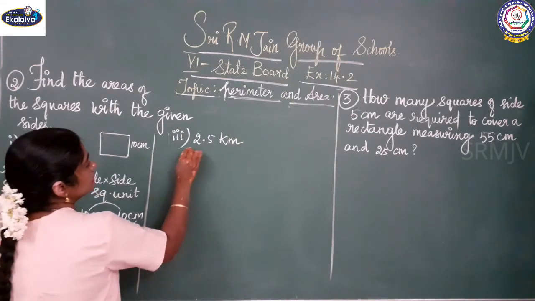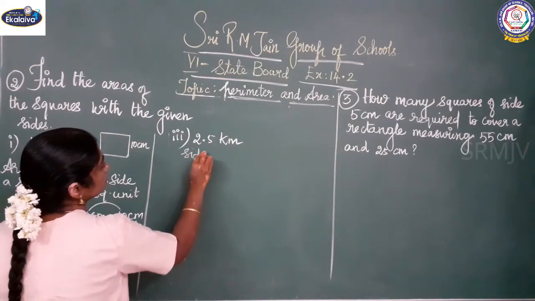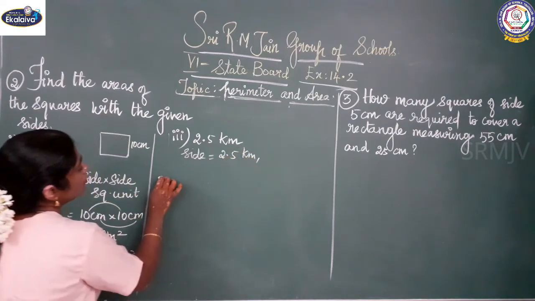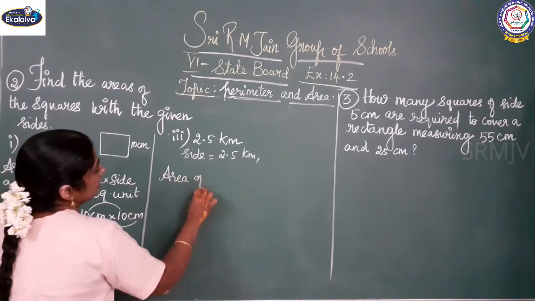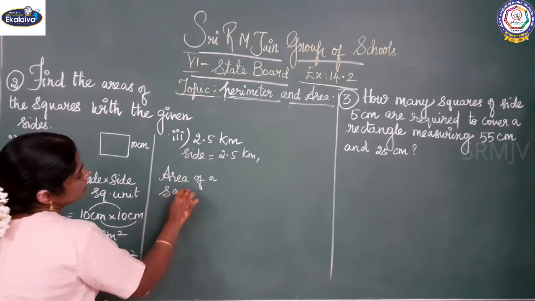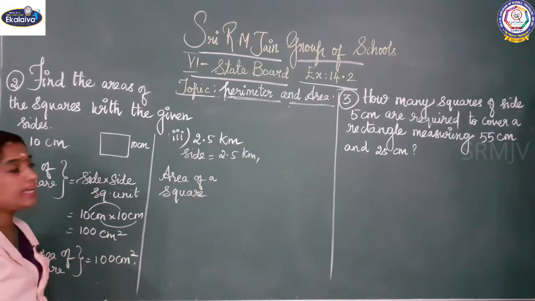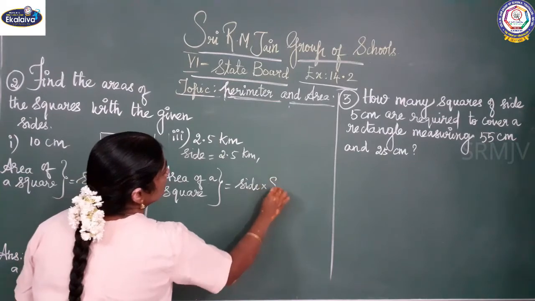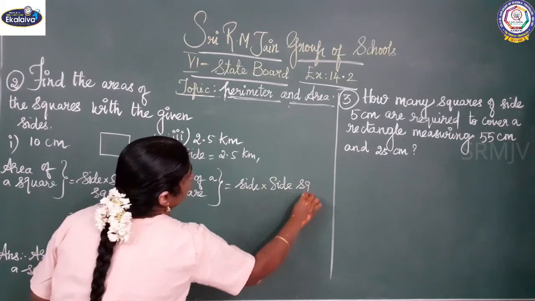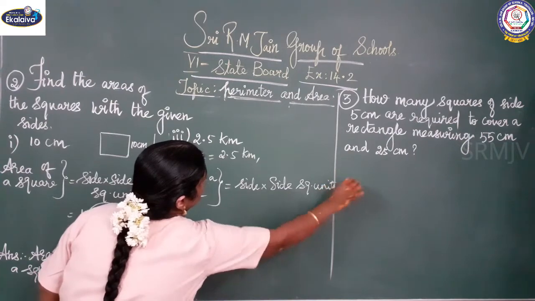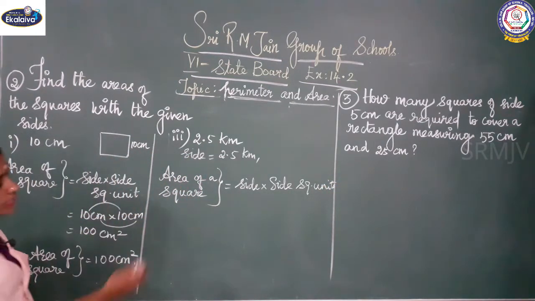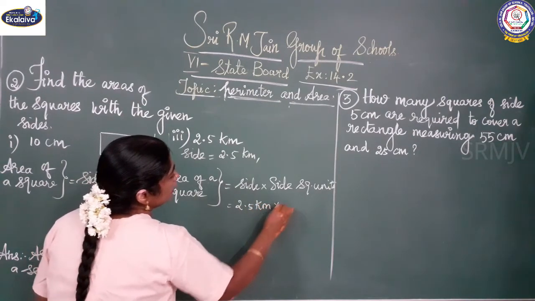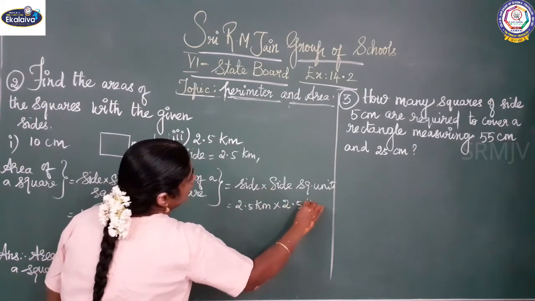Listen, here the side is what? 2.5 kilometer. Now find the area for this. Area of a square is equal to side into side square units. Got it? Now, what is the side here? 2.5 kilometer into 2.5 kilometer.